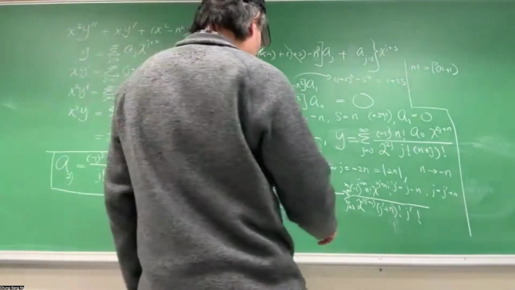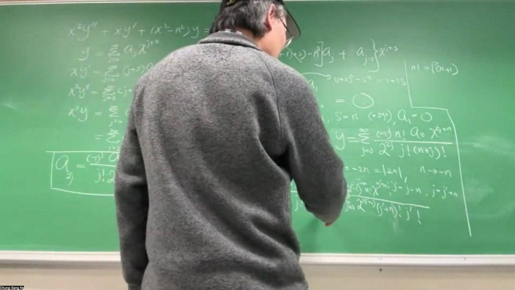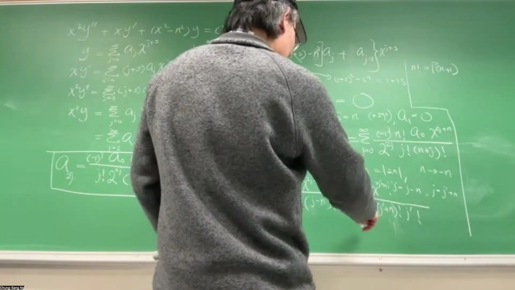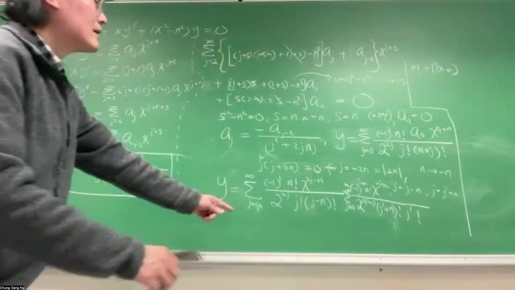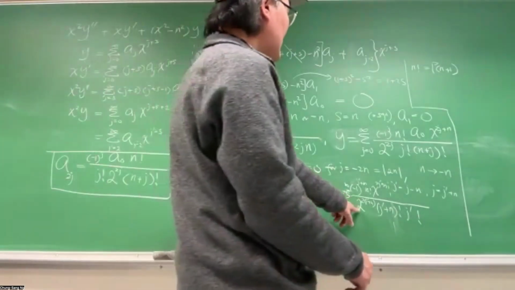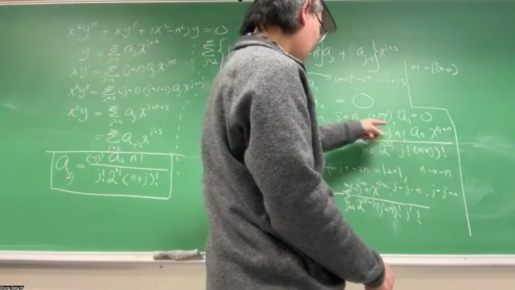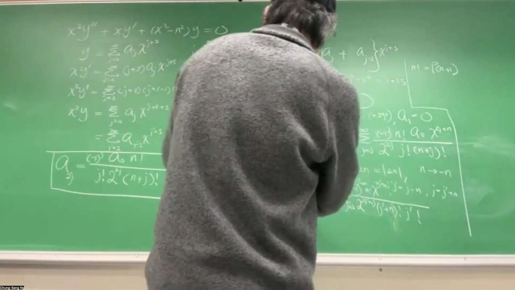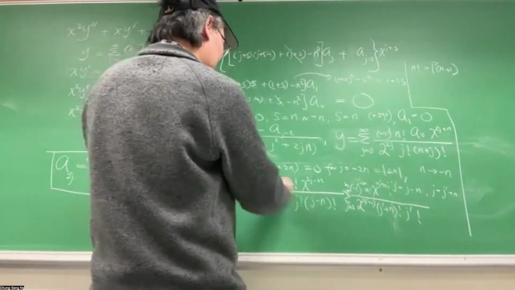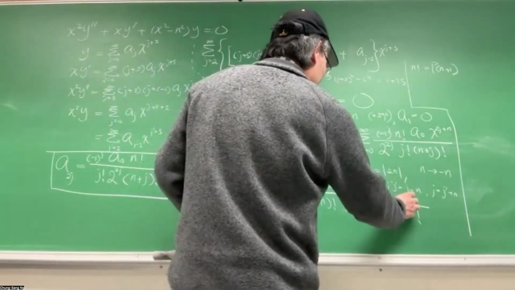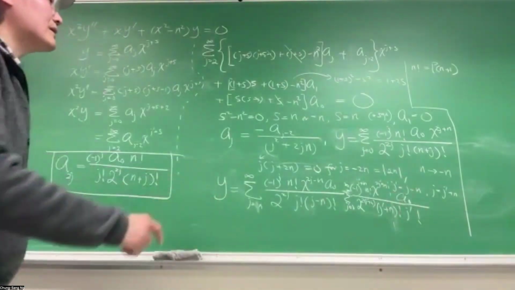What we have here is, we're just trying to compare this. So this one, there's an arbitrary constant, which we might as well call a sub 0 also, formally.